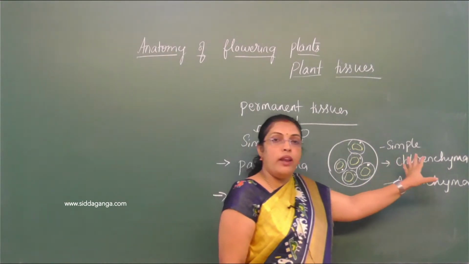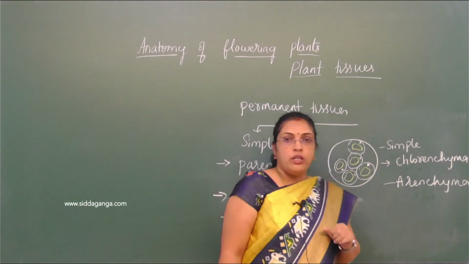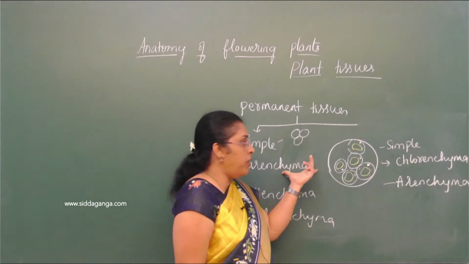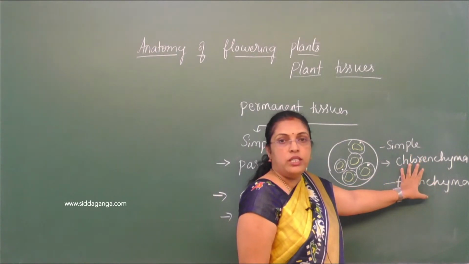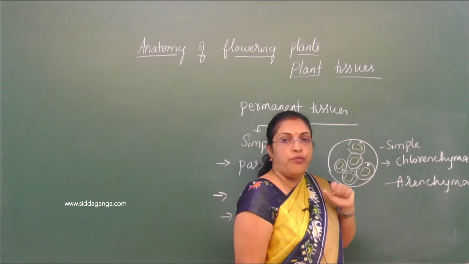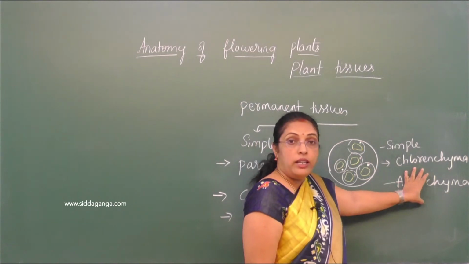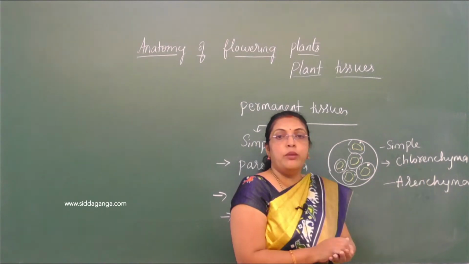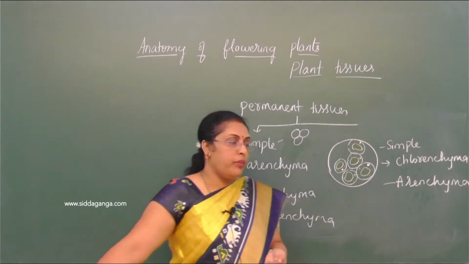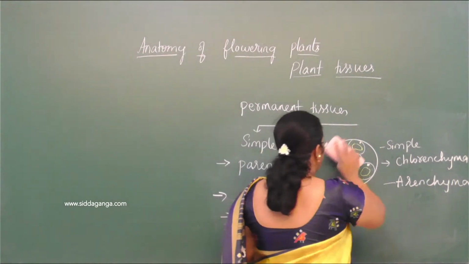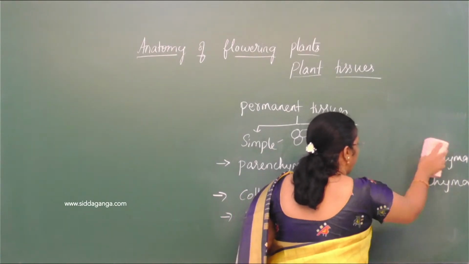And the parenchyma also stores food. So the function of parenchyma is that it mainly helps in photosynthesis, and also in storage of food, and when it has air cavities, that helps in buoyancy or floating of aquatic plants. Then coming to the next, collenchyma.